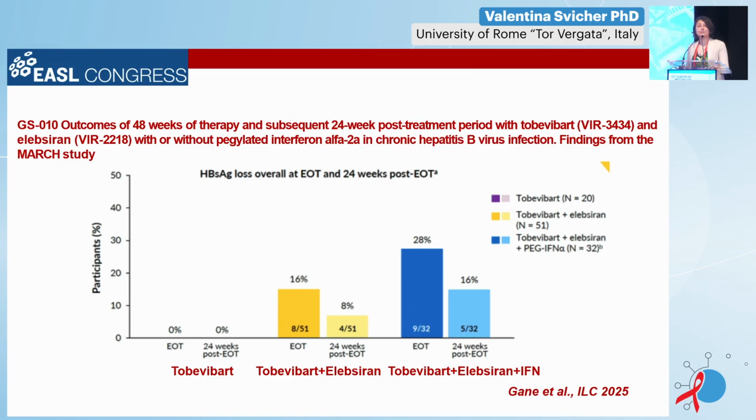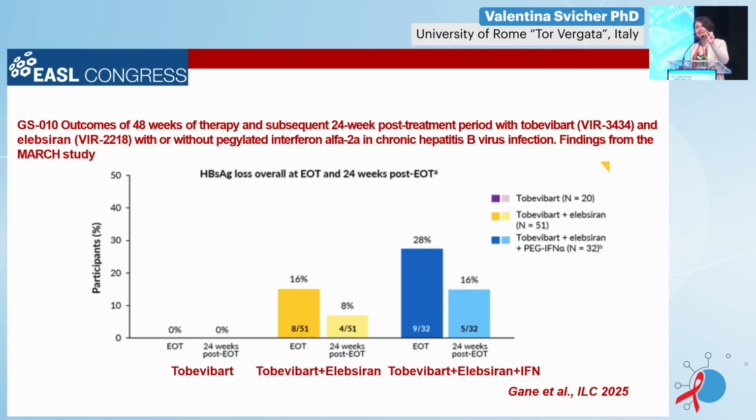These are the data presented at last EASL around 1 month ago. This study shows that after 1 year of treatment, 16% of people have achieved HBsAg loss.